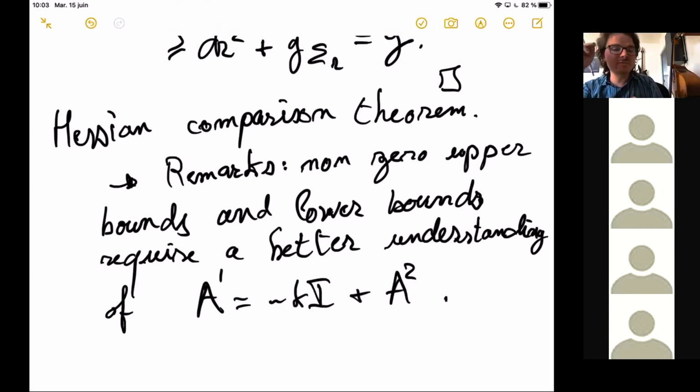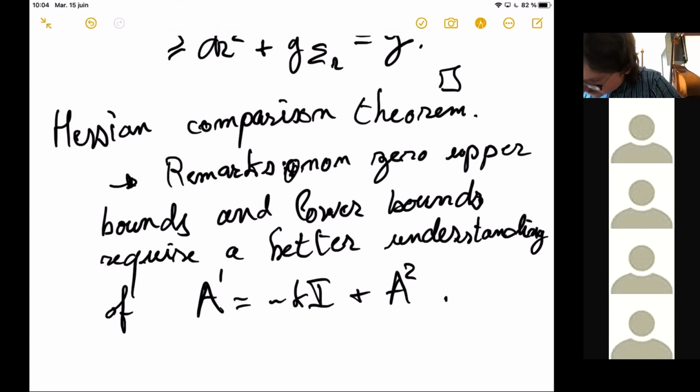You can see that from this equation you can control the lower and the higher eigenvalues of A, and then this gives you another version of the comparison theorem.